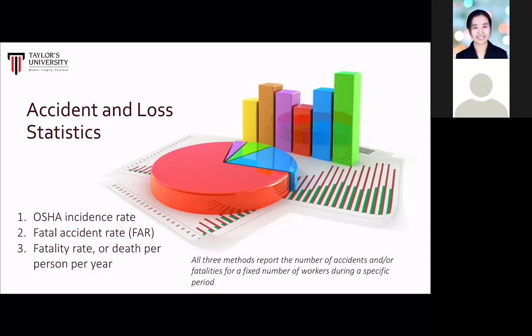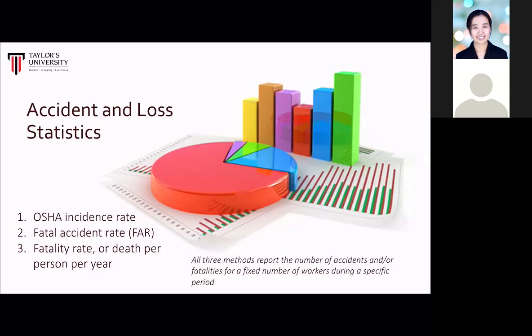And the British like to calculate their loss statistics by fatal accident rate. They call it FAR. Or another common use, what we call fatality rate, or deaths per persons per year in different manufacturing. So you will realize all these are talking about accidents, death, etc.